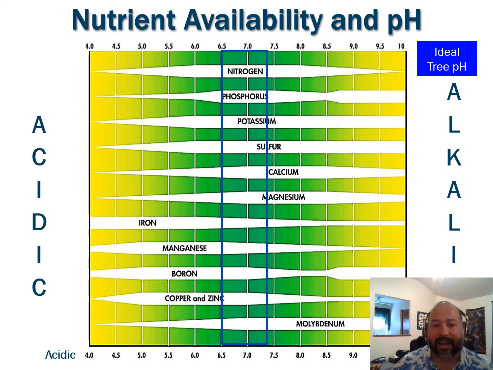If we're talking about ideal tree pH, what would be perfect? Well, water is about a 7, so if we were really hoping for ideal, we'd want this 6.5 to almost 7.5 range. That would be ideal. However, we know that the majority of soils actually fall more towards the acidic side.